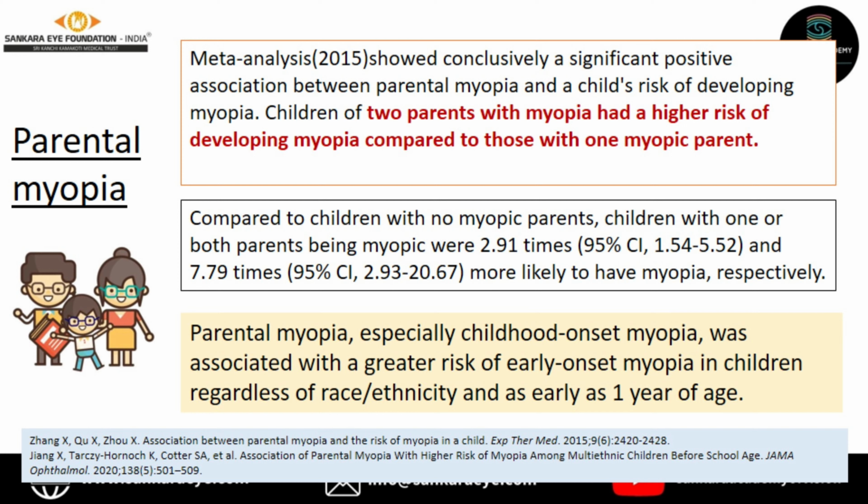Similarly, if both the parents are myopic, there is a risk of nearly 8 to 9% that the child will develop myopia. So the risk is higher if you are myopic that your children will become myopic. Especially if as parents you've been wearing glasses from a very early childhood, the risk of developing myopia is going to be higher in a child. So it is important to know the genetic or family history of myopia.